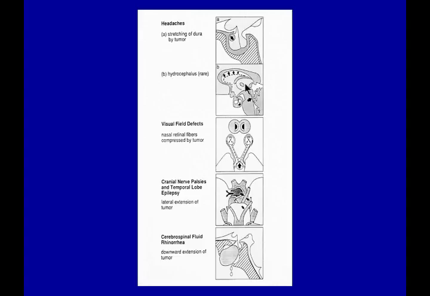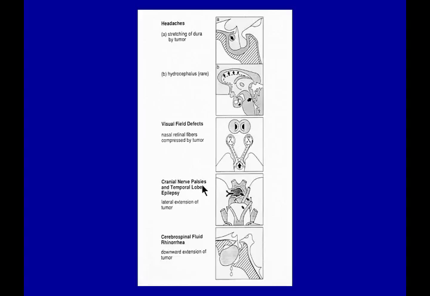If they extend far enough up, they obstruct the third ventricle and can cause hydrocephalus, though this is a very rare symptom. The most classical symptom is visual field defects, because they push up on the lower portion of the optic chiasm and result in something called bitemporal hemianopsia. We'll talk about that a little bit more.